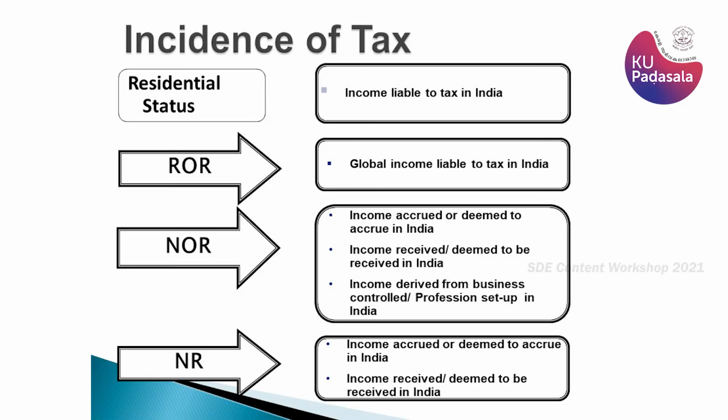But coming to not ordinarily resident, these are the three different types of incomes normally charged to tax. First is income accrued or deemed to accrue in India. Second, income received or deemed to be received in India. Then income derived from a business controlled or profession set up in India. So, here some clarification is needed. Income accrued means the assessee has got the right to receive the income.